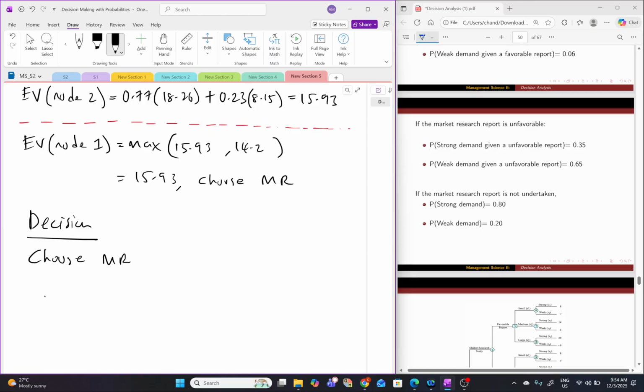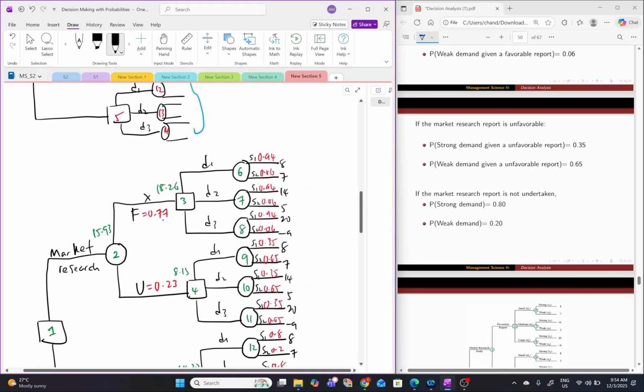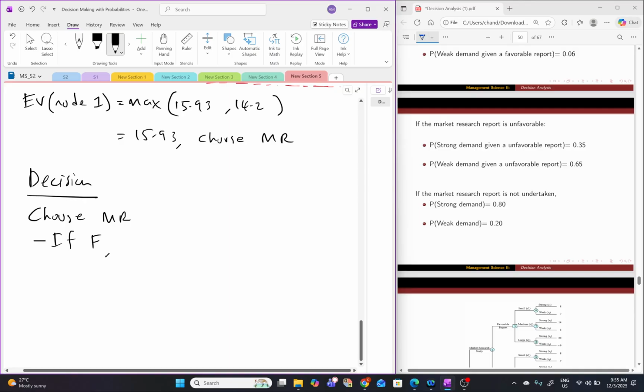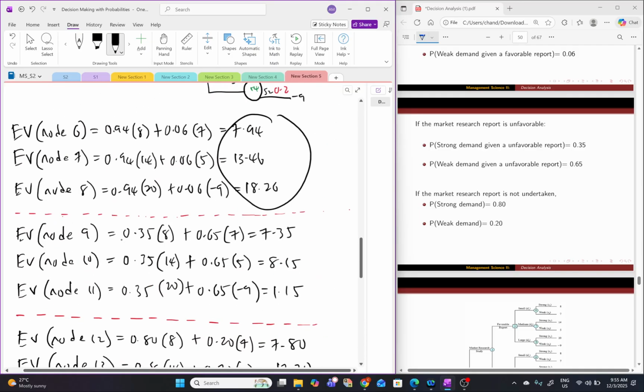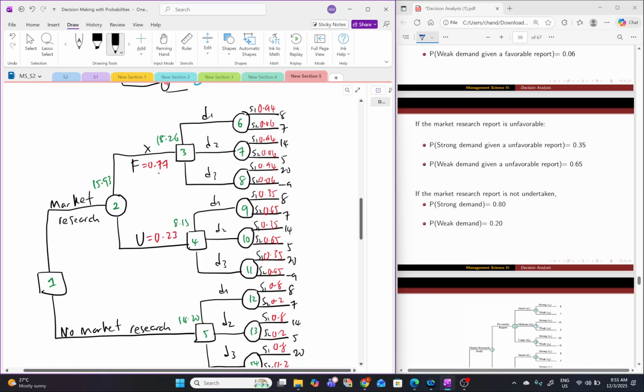Kalau if you choose market research, there are two possibilities. Market research ada dua, satu favorable, satu unfavorable. Jika you punya report adalah favorable, then you have to choose. Kalau F, 18.26 ni dari mana?